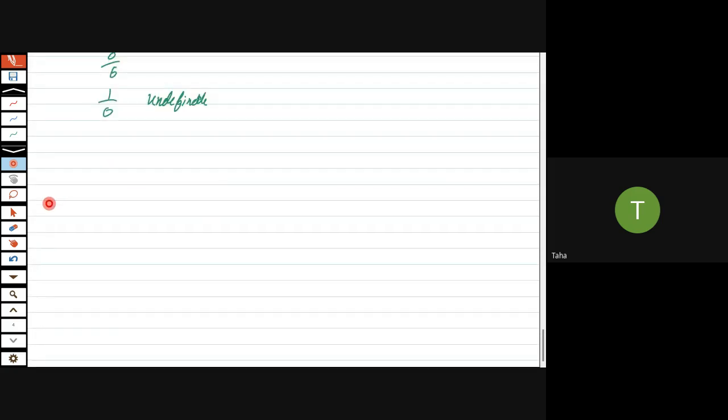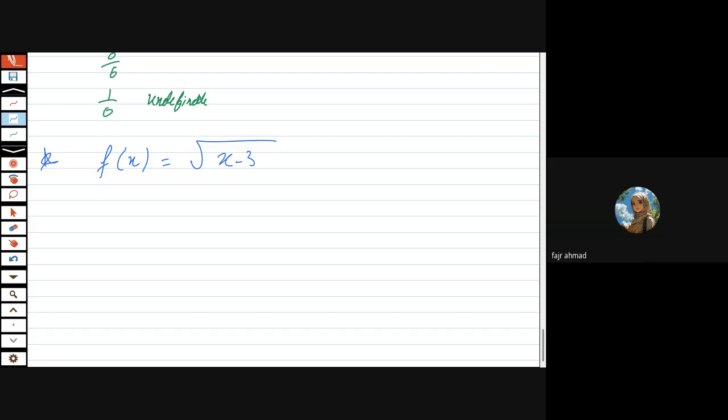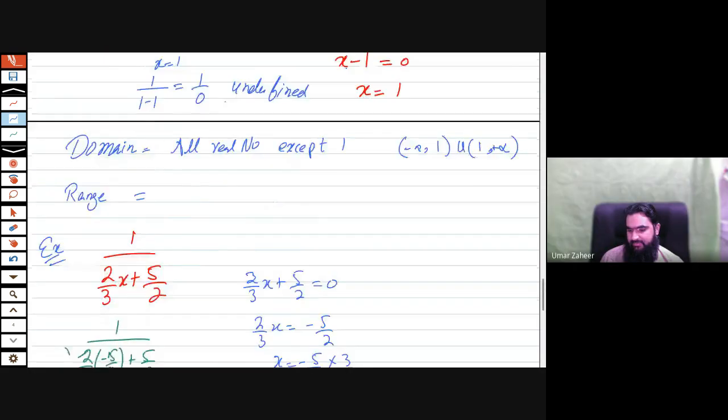All right. So now we are moving to the next type. For example, if you have f of x is equal to the square root. And I just told you that in the square root, the value must be... Sir, what's the range of the above one? Which one? This one?